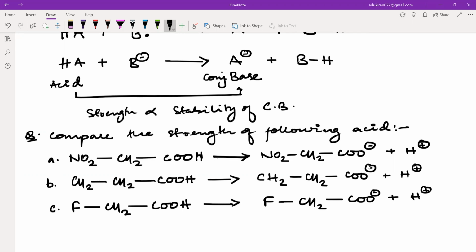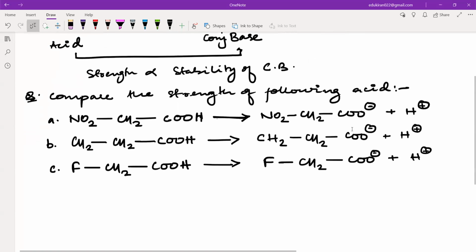Okay. Now, what we can compare is out of these three, which is most stable, and the one which is most stable will be forming very rapidly, and then we can say that this is the conjugate base now. So the acid of the most stable conjugate base is the strongest acid. It's the strongest acid. Okay.